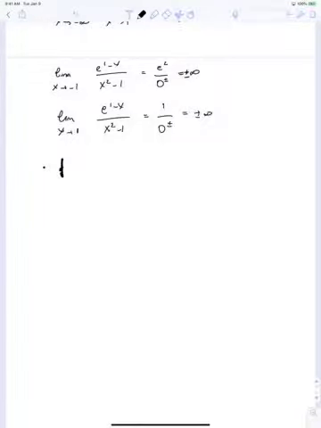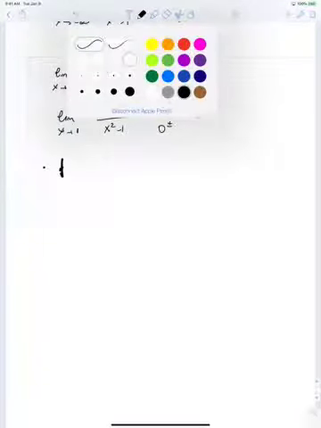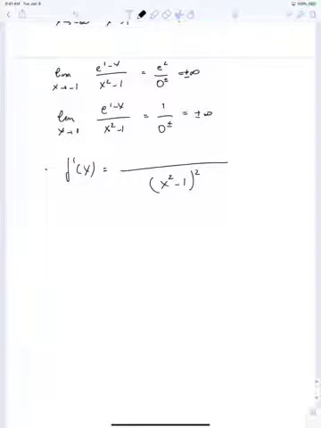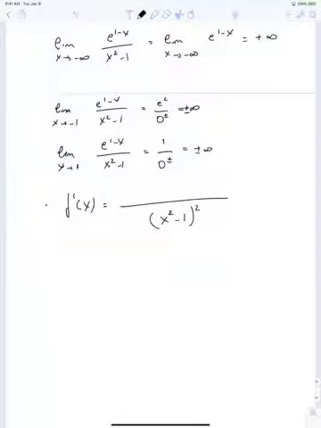So we have f prime of x. Okay, so here we have a denominator, so this is going to be x squared minus 1 squared, and then we have the derivative of the numerator, which is minus 1 times e power 1 minus x times x squared minus 1, minus e power 1 minus x times the derivative of the denominator, which is 2x.